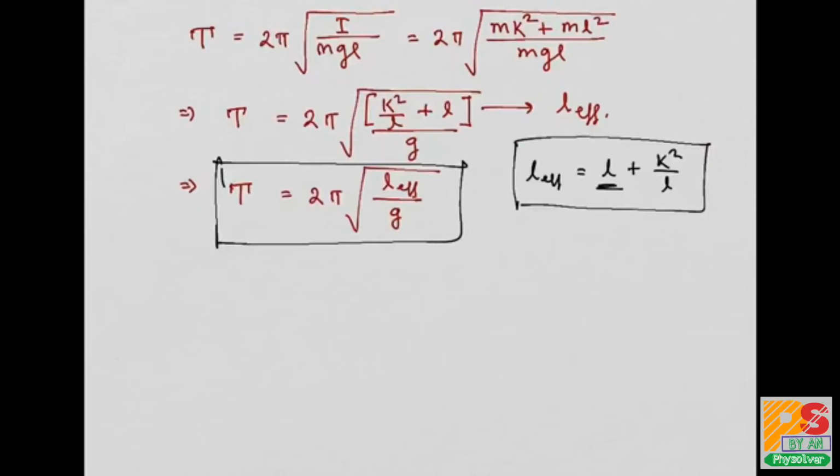L is the distance of the center of gravity or center of mass of the body from the pivot point. And what is K? K is the moment of inertia of the body about an axis passing through its center of mass. Okay.